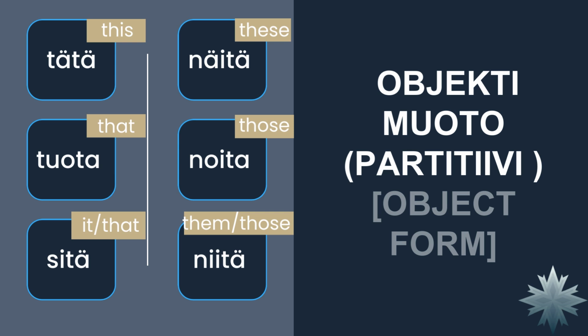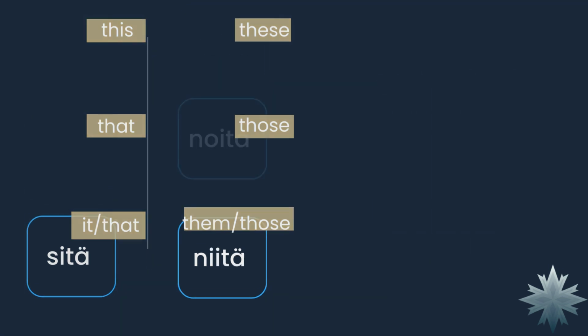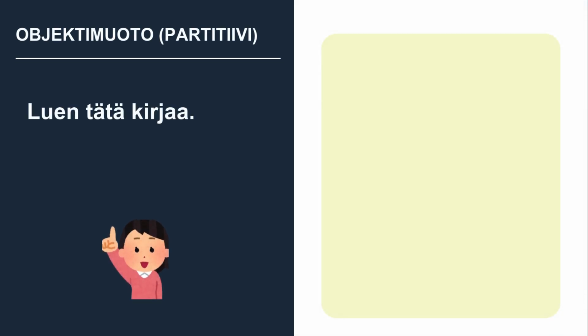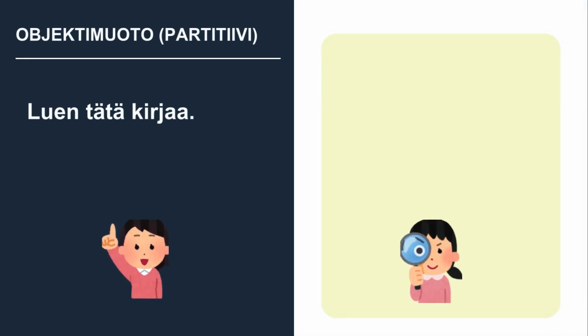Okay, so let me remind you once again. The partitive is used when the action is not complete or when the object is uncountable or indefinite. Now let's have a look at some of the example sentences.